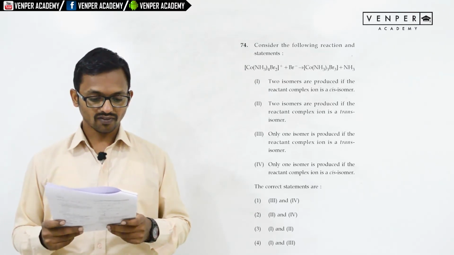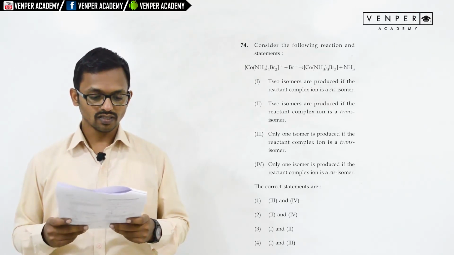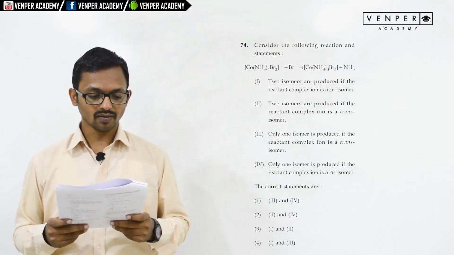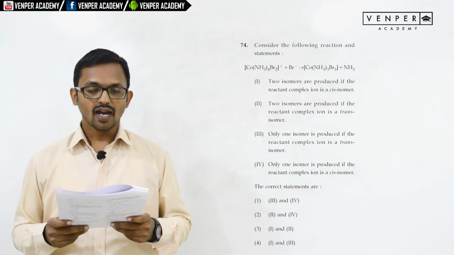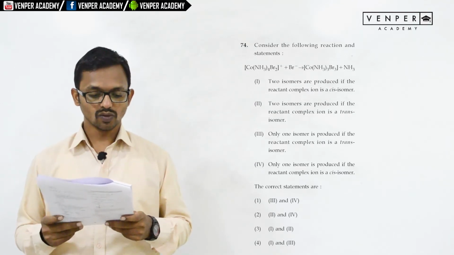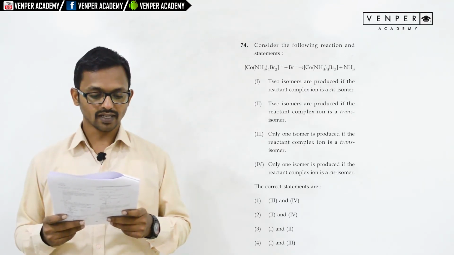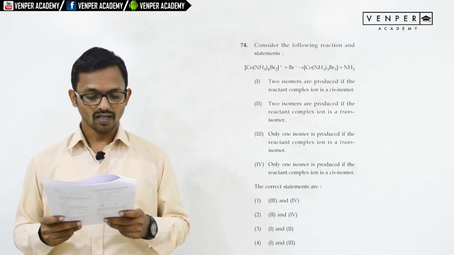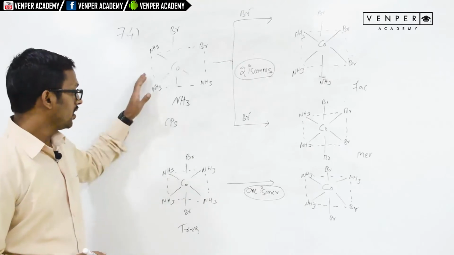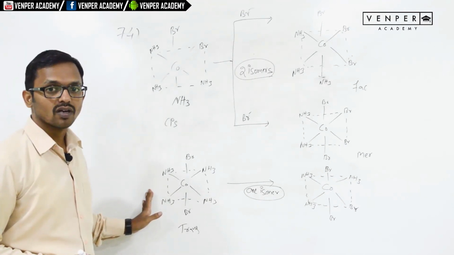The given 4 options are: first, 2 isomers are produced if the reactant complex ion is a cis isomer; second, 2 isomers are produced if the reactant complex ion is a trans isomer; third, only 1 isomer is produced if the reactant complex ion is a trans isomer; and the fourth, only 1 isomer is produced if the reactant complex ion is a cis isomer. The correct statements are, now let us see.